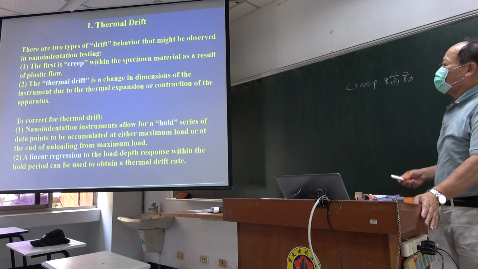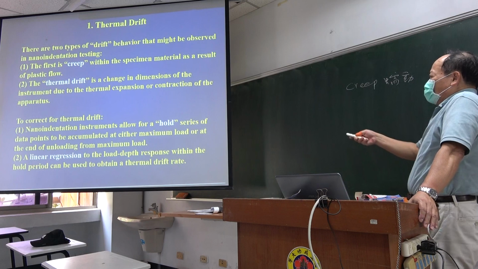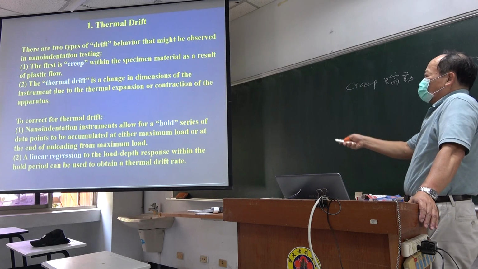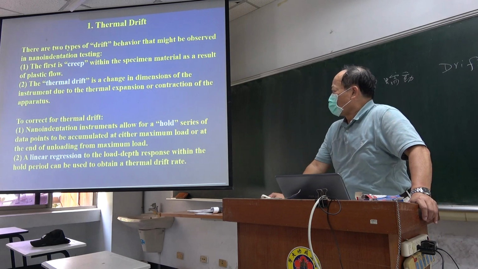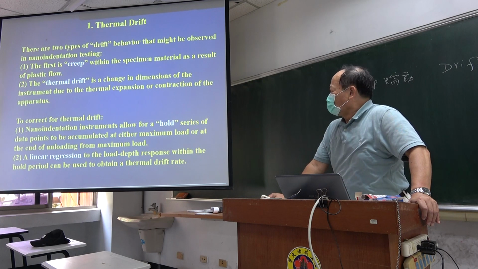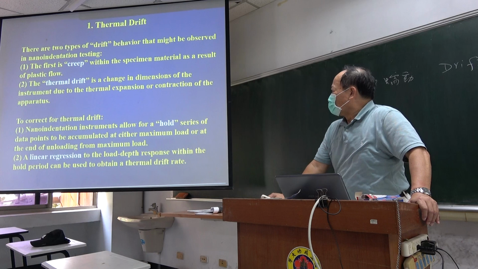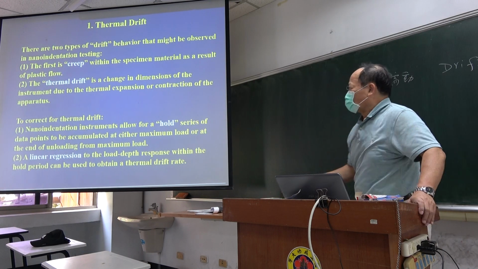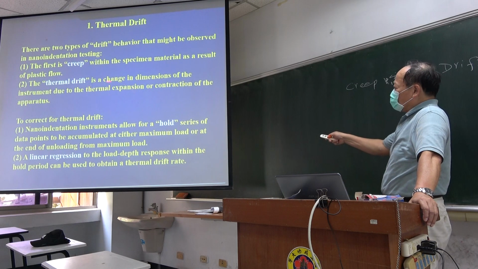The second is caused by the thermal drift. As the terminology shows, thermal means that it is affected by the temperature. If the body is operating at a high temperature, in that case, there is thermal expansion or contraction. In general, we have thermal expansion when temperature is increased.